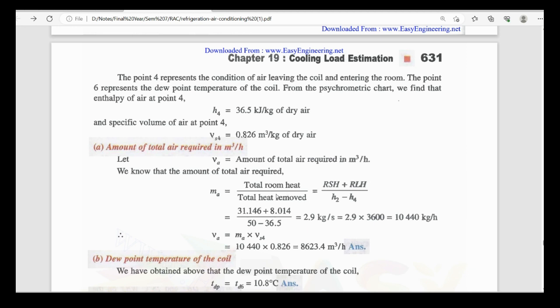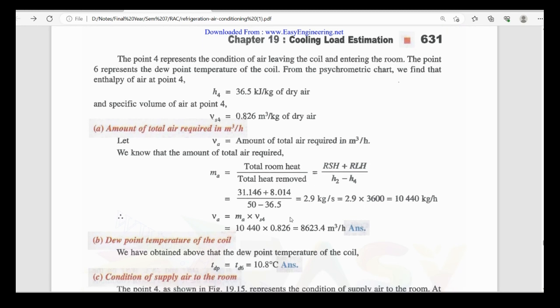For this, total heat removed is nothing but the enthalpy difference between points number 2 and 4. Points number 2 and 4 represent the actual removal of heat by the coil. Room total heat is room sensible heat plus room latent heat, divided by H2 minus H4.